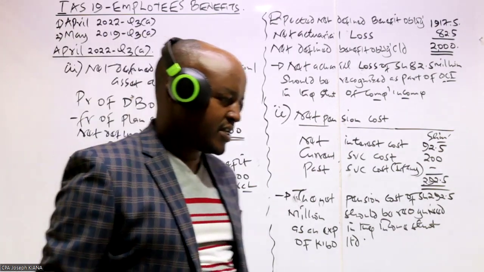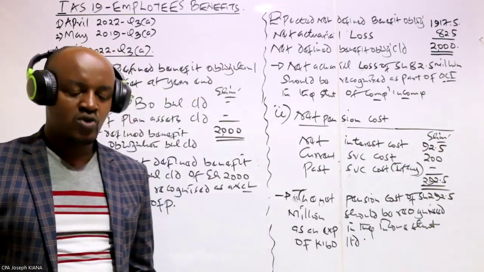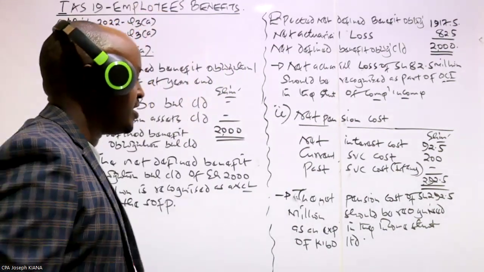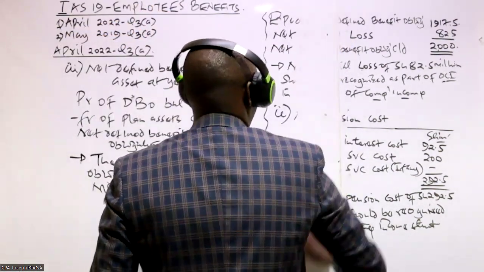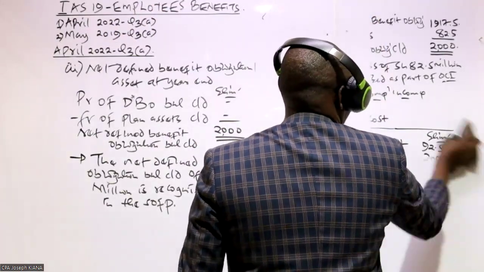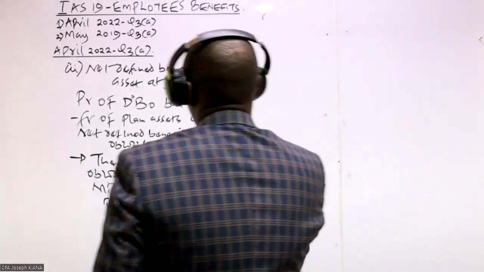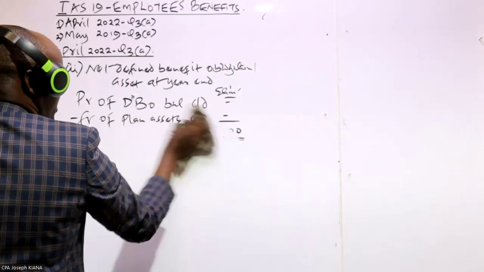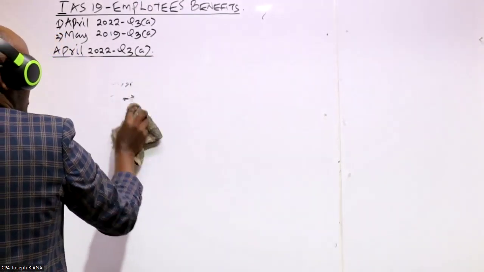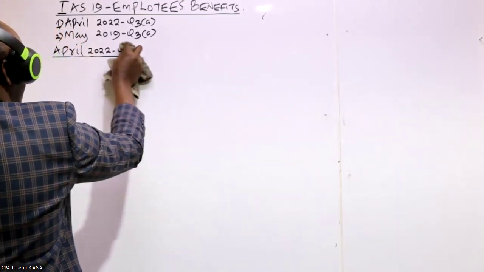Those are the three items which the candidates were required to compute and explain how they should be recognized in the financial statements of KIBO Limited, which was operating this defined benefit plan. So we are done with the first question, the question for April 2022, question 3A.